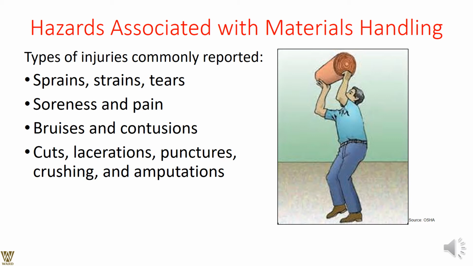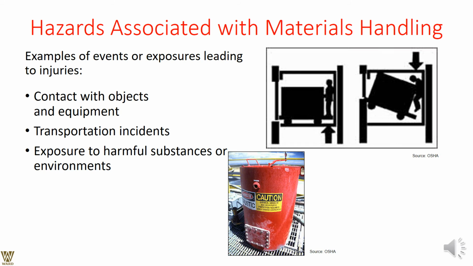First and foremost is the back area, where a lot of sprains and tears happen. There is obviously strain on your hands and neck, soreness and pain, bruises and contusions, cuts, lacerations, punctures, crushing, and amputation often happen. Believe it or not, unfortunate things happen, and that is the reason why I am trying to sensitize you with this particular video on the hazards associated with material handling.